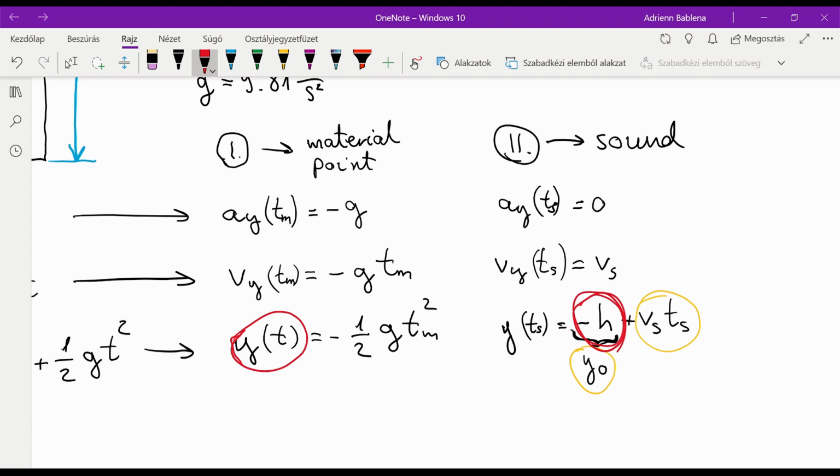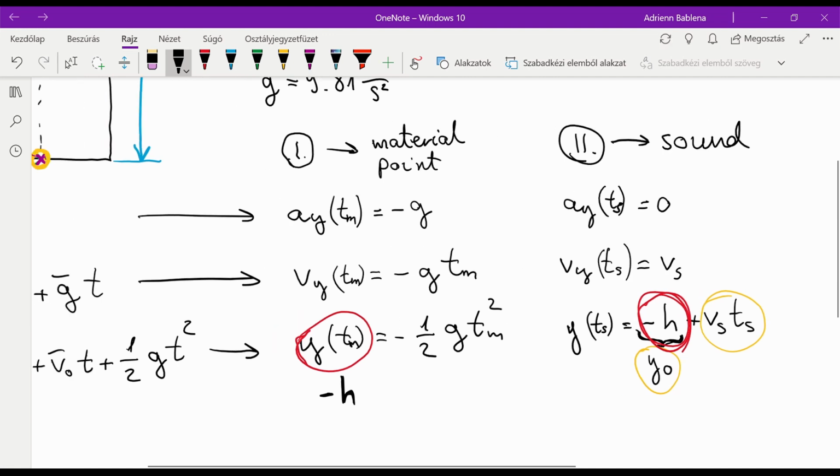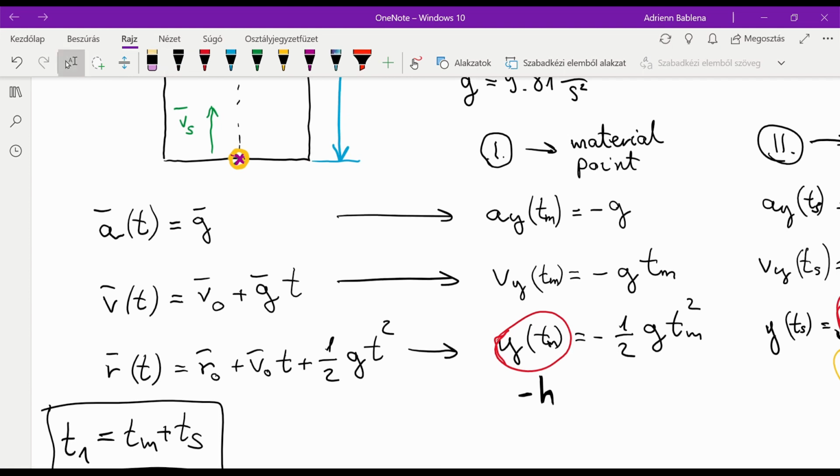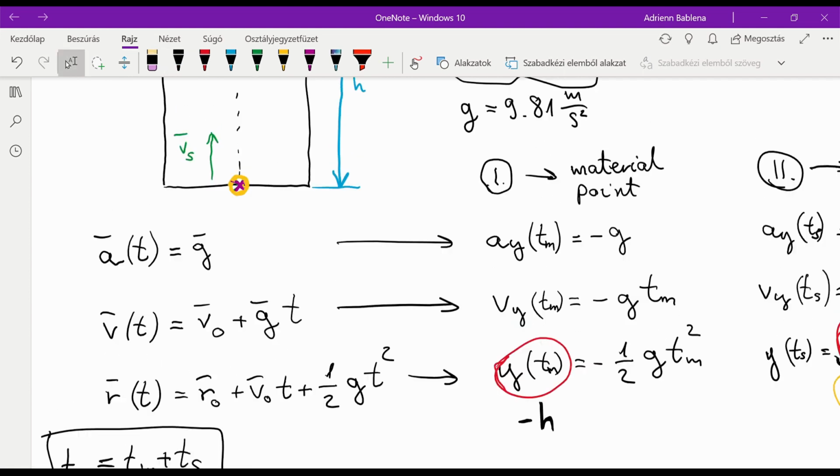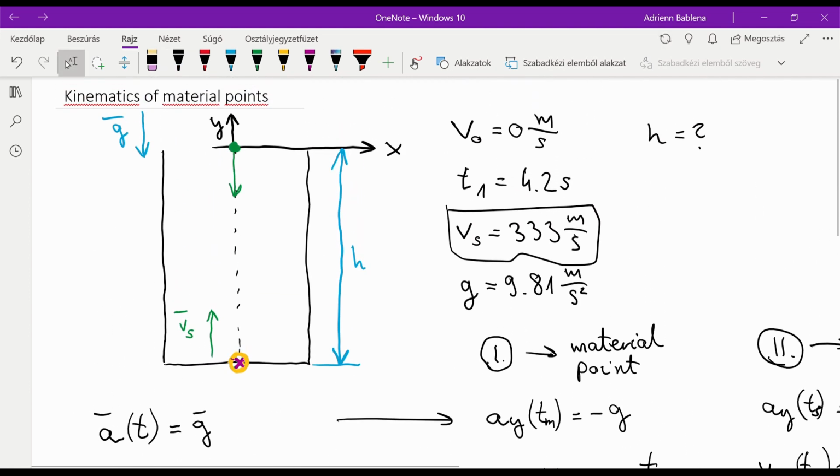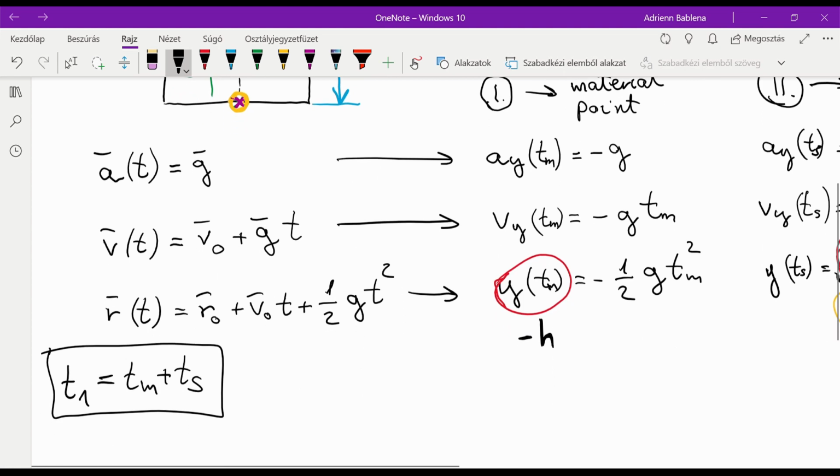So we know that YTm is -h. So our end coordinate when the material point movement is ended is at -h, under the x-axis at h.